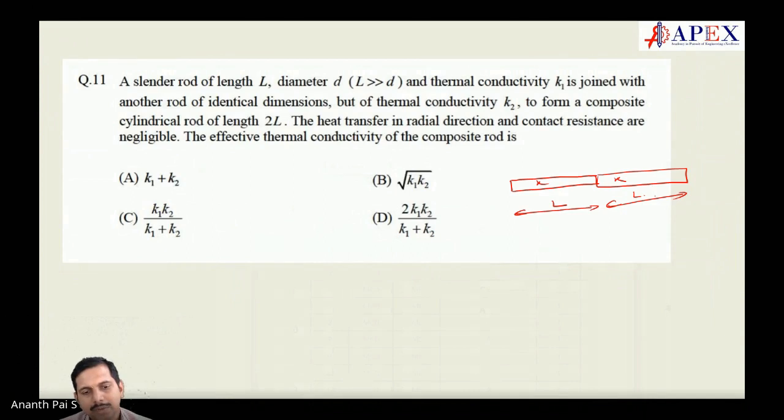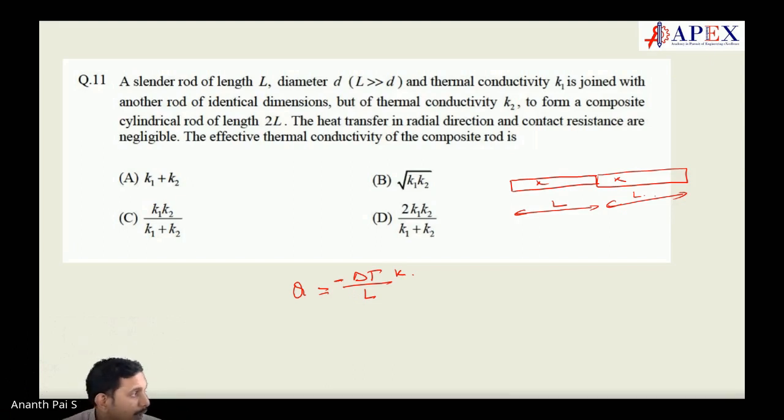So what is happening? Q is the same. Q is not Q1 plus Q2. Q is equal to minus delta T divided by L, here you have K. Now, if we had used only one rod, that is a different case.